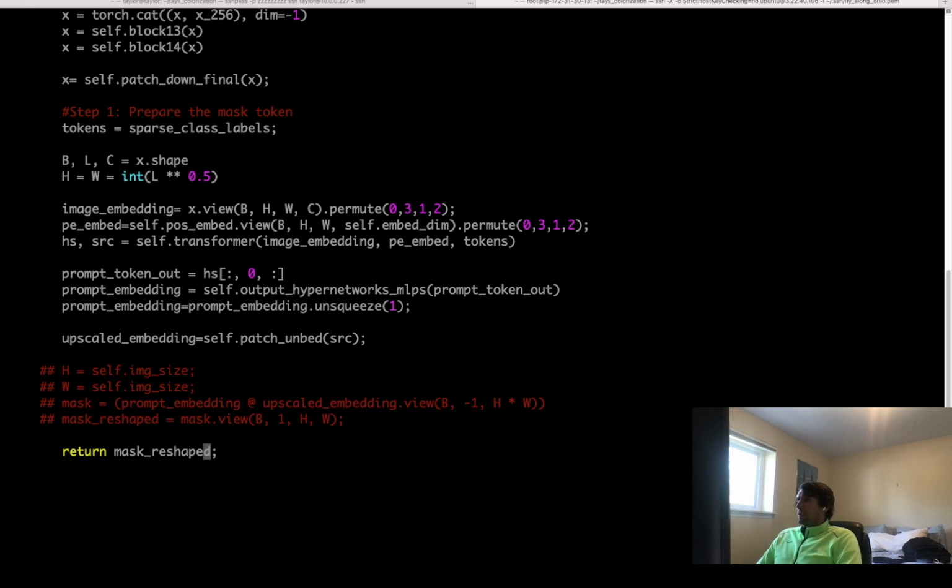So what I'm going to do is instead of that multiplication, I'm just going to make this patch embed go from 64 channels, because it's currently at 64 channels.